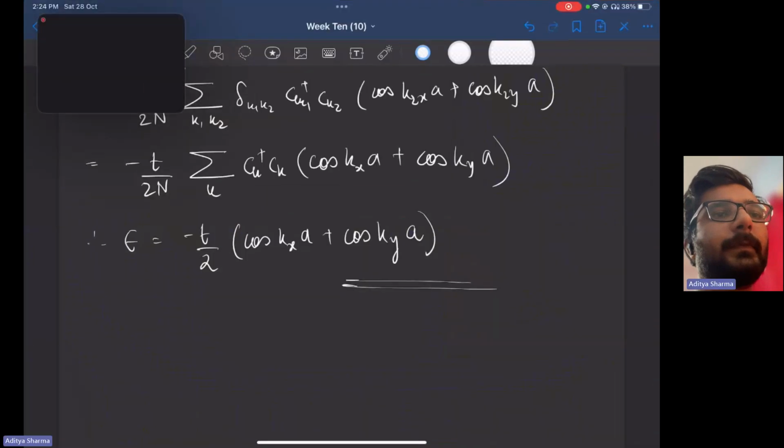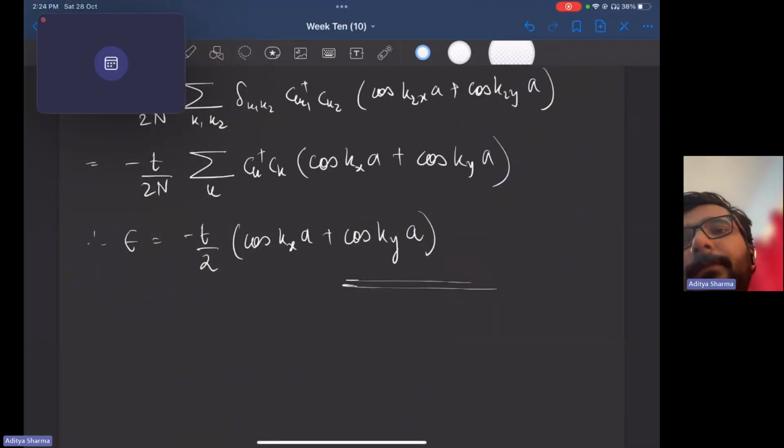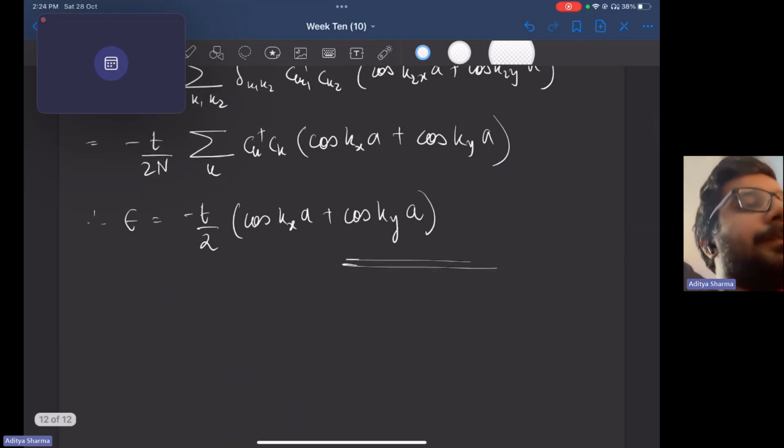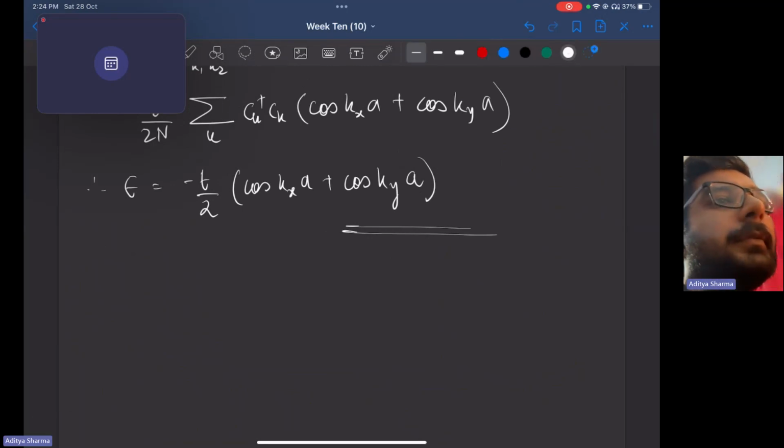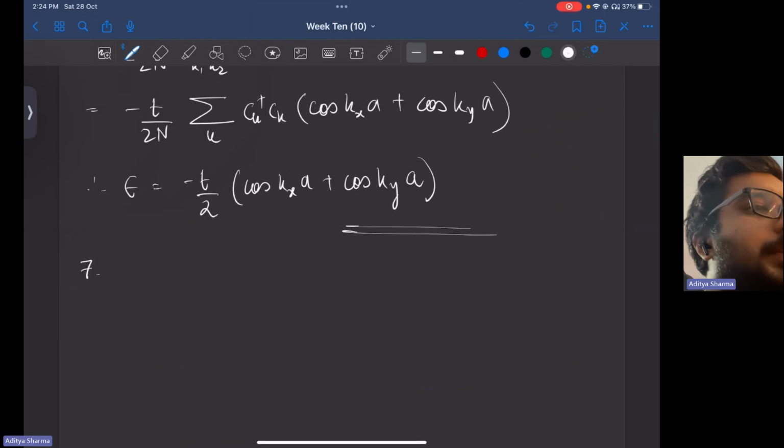Let me do two more problems. So this is regarding density of states. Number 7. Let me do this first. Question number 7.